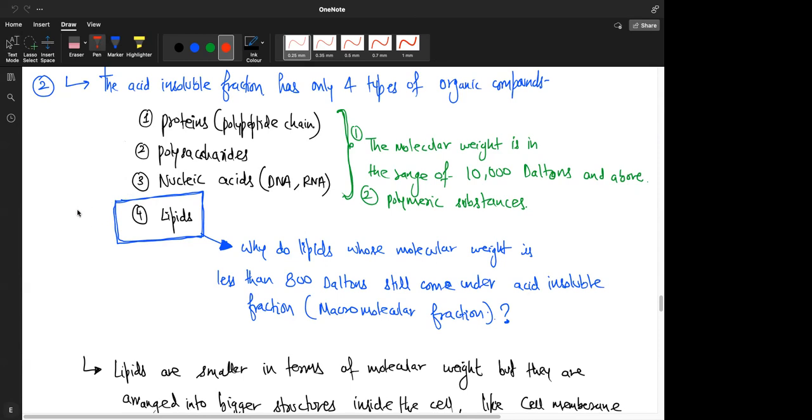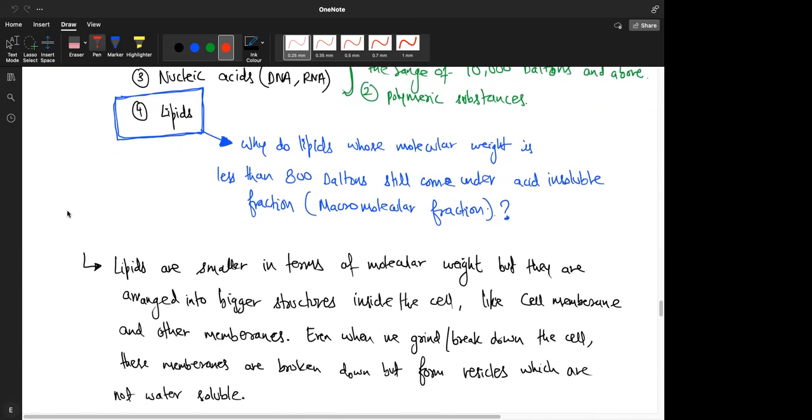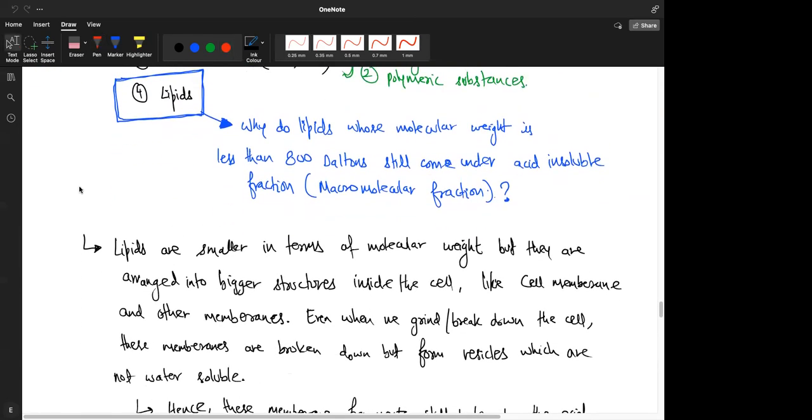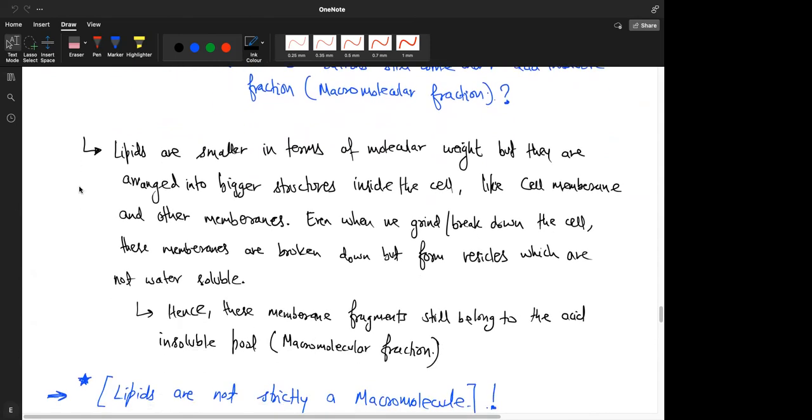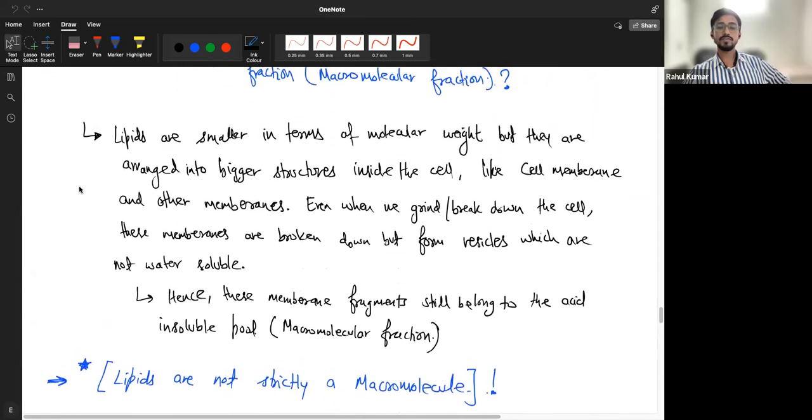This is because lipids are smaller in terms of molecular weight, but they are arranged into bigger structures inside a cell, like the cell membrane and other membranes. Even when we grind the cell and break it down, these membranes are broken down in the form of vesicles, which are not water soluble, and hence these membrane fragments still belong to the acid-insoluble pool.